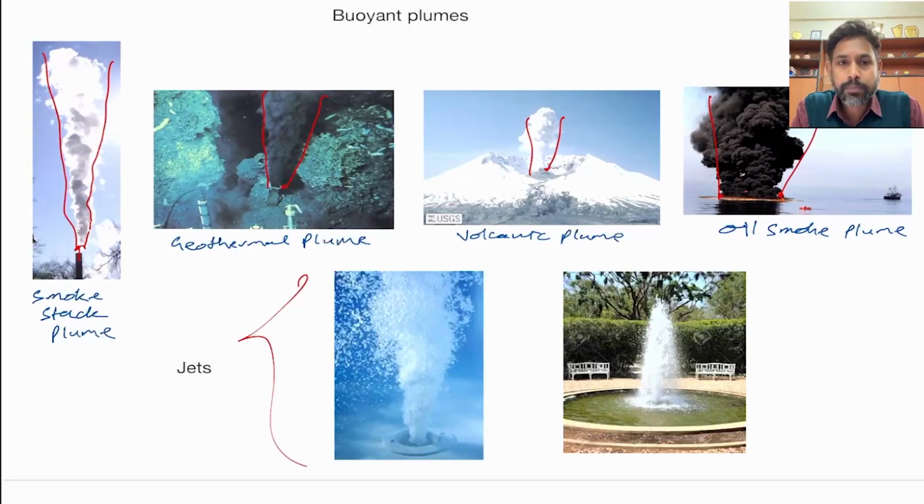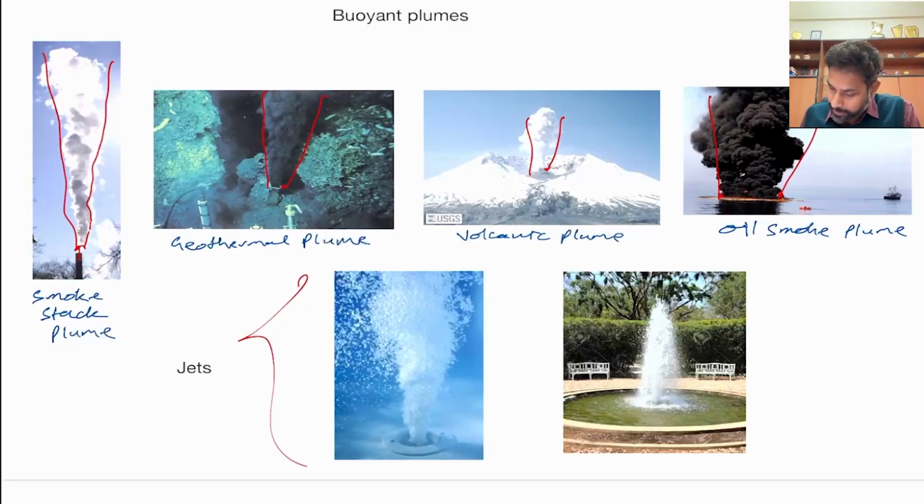As I said, plumes are driven because of temperature difference or density difference, which might be coming because of concentration difference as well, but primarily they develop because of a density difference between the source fluid and the ambient fluid, right? Whereas jets may not necessarily have a density difference. They develop because of momentum, because of velocity.